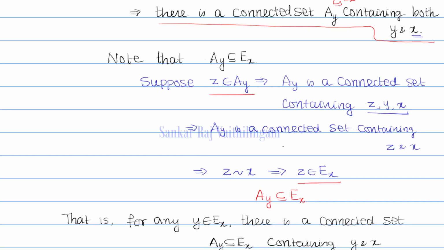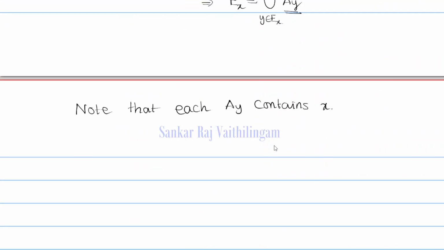A suffix y ங்கிறது it is a set containing y and x. x இருக்கணும் y இருக்கணும். புரியுங்களா? அப்போ x கண்டிப்பாக உள்ள இருக்கும். அப்போ this implies that this collection is having a common point x. So this implies that union of all A suffix y is connected. Okay, so this implies that E suffix x is connected.